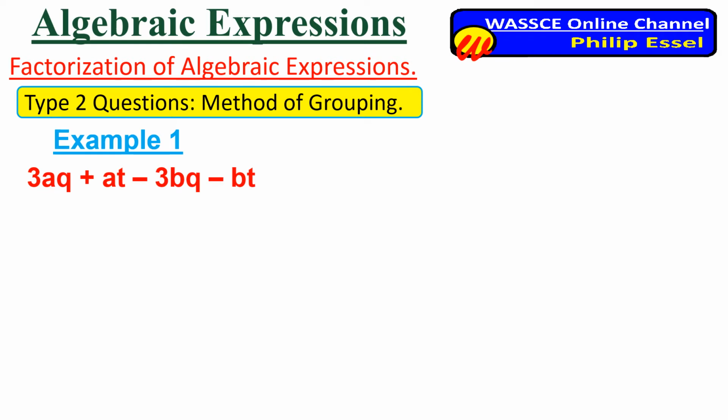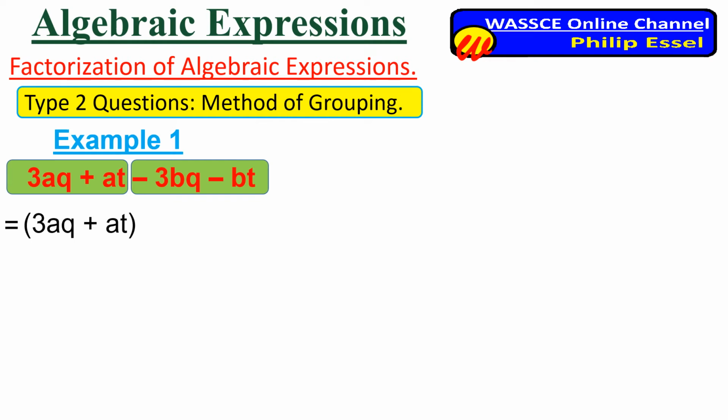So first, we'll break this algebraic expression into two main groups. At this point, let's write the first group down. The first group is in brackets 3aq plus at, bracket closed.